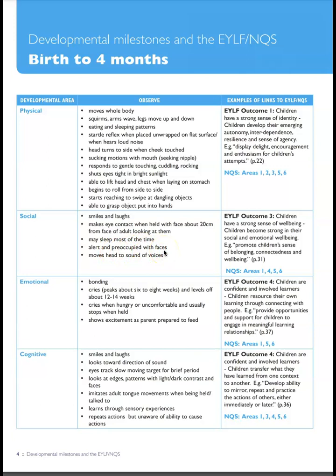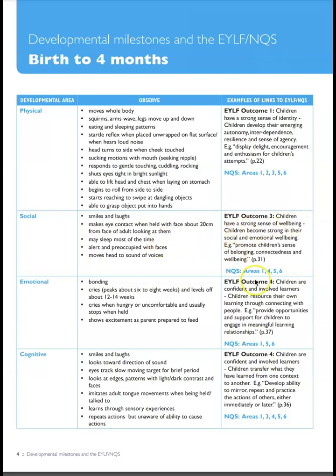So which means that we can also write it down if we notice that the baby who is 3-4 months old, just starting in our early childhood center or family daycare, moves head to the sound of voices of familiar educators or mom or parent who is speaking up, making eye contact when you hold them that close. You can write it down in your observations.